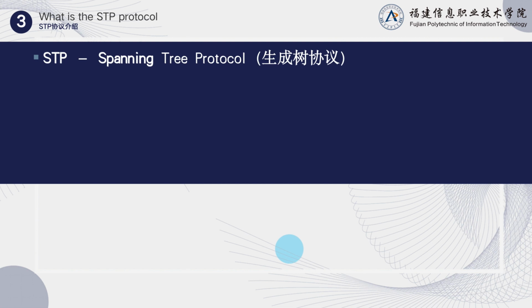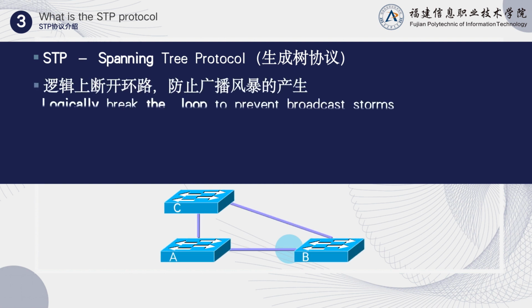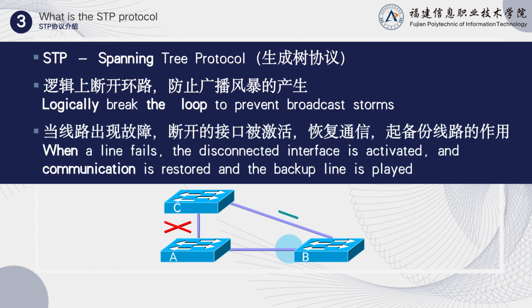Spanning tree protocol logically breaks the loop, which prevents the generation of broadcast storms. When the line fails, the disconnected interface would be activated and restores communication, playing the role of a backup line.